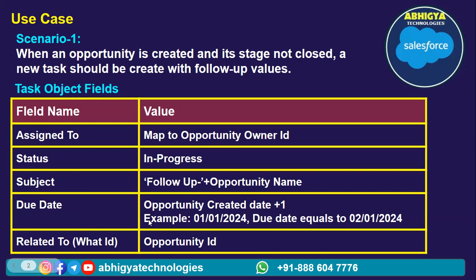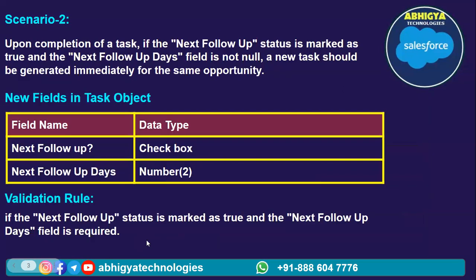For example, if the created date is 01/01/2024, the due date equals 02/01/2024. And Related To maps to the opportunity. So this is scenario one.